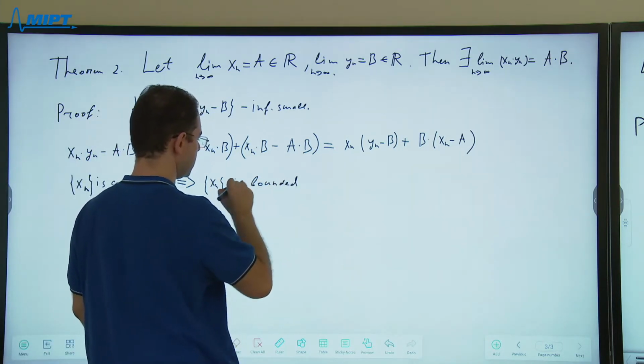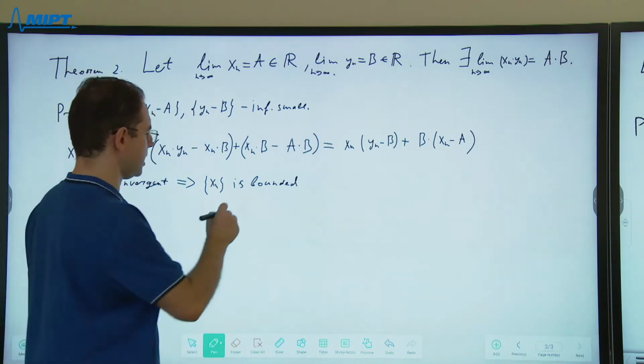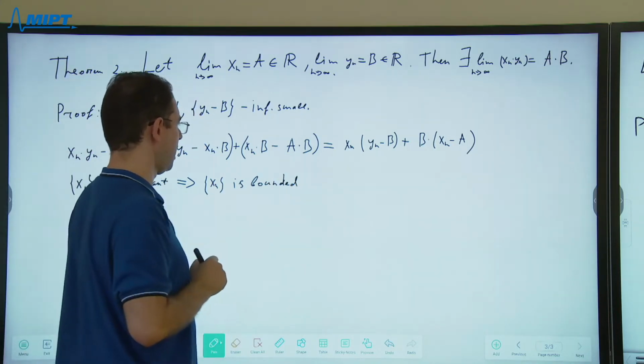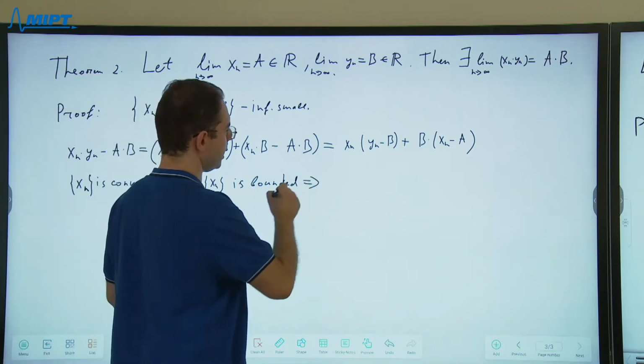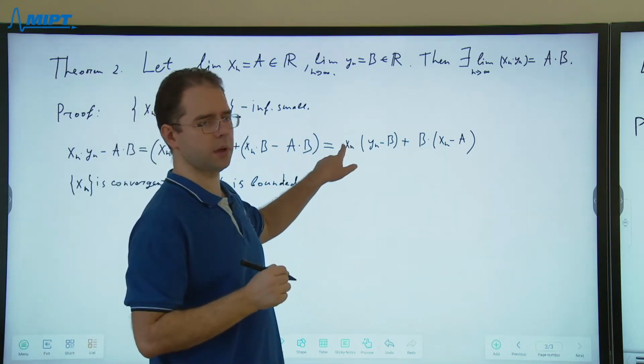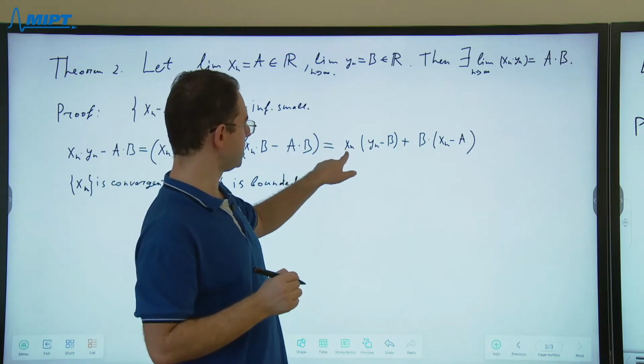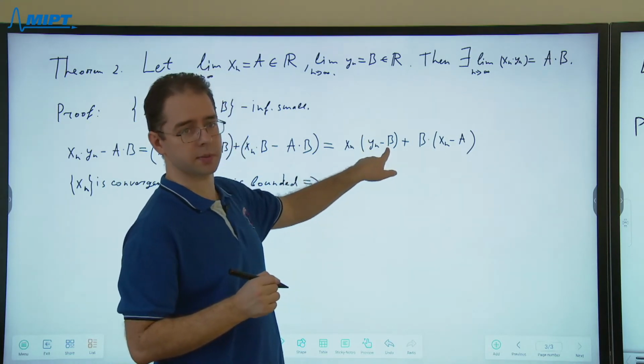We proved this theorem, I think last time. From here, it follows that this first term, we are multiplying a bounded sequence times an infinitely small sequence.